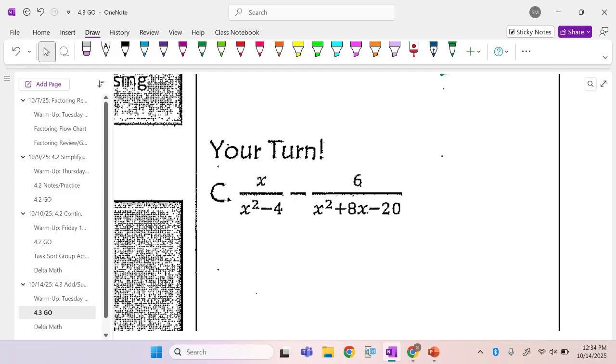Alright, all of these terms become one big fraction. Make it into a fraction.